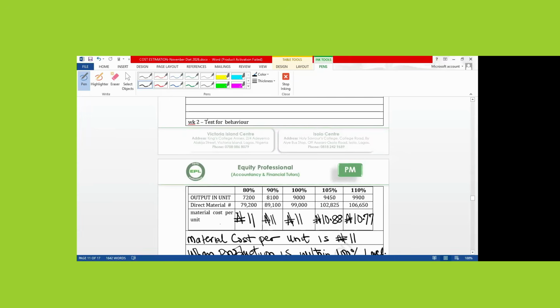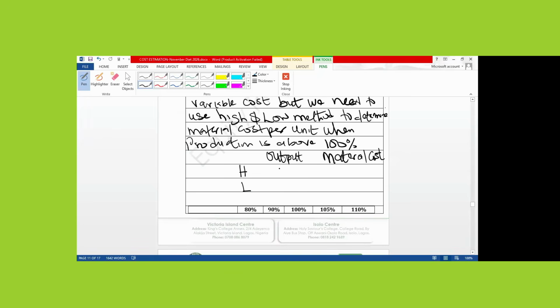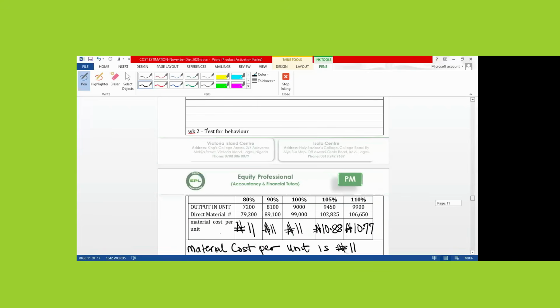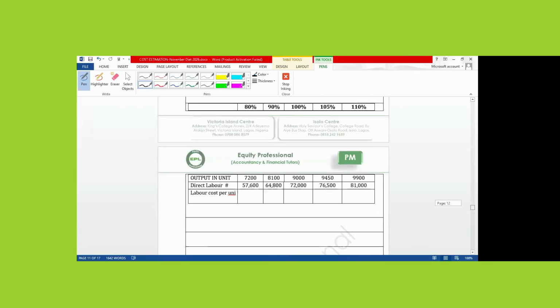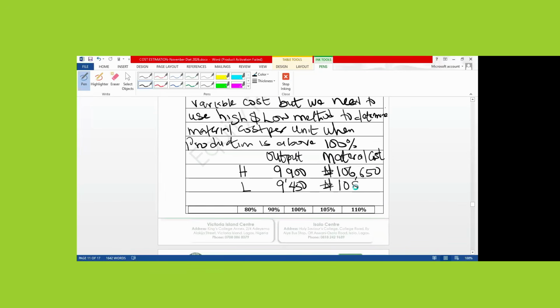You return here 9,900, material cost 106,650. Low 9,450, material cost 102,825.